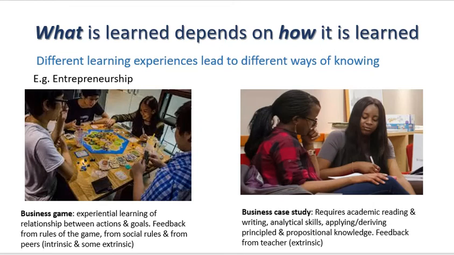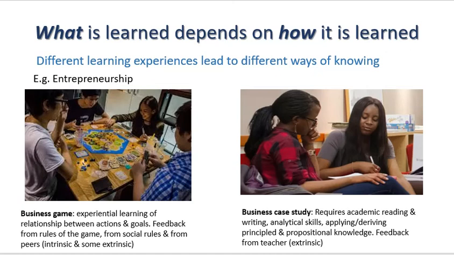Another issue, and we did cover this when we were looking at the teaching and learning strategy, but perhaps not quite as focused a way, is realizing that what is learned depends on how it is learned. So thinking about your teaching and learning strategy, thinking about the types of subjects, thinking about the purpose of the qualification, what is learned depends very much on how it is learned.